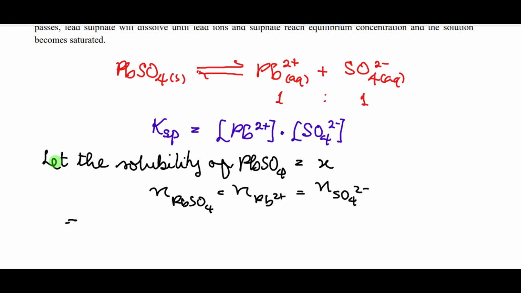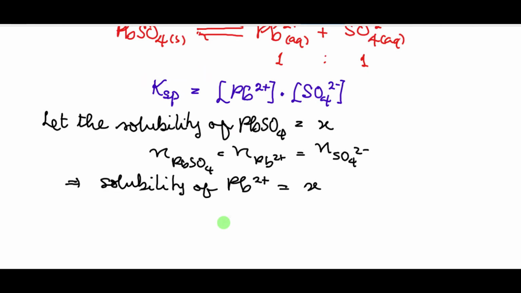This implies that the solubility of Pb2+ can also be taken to be what? X. If you apply this variable into this equation, you can say that the Ksp, that's solubility product of lead 2 sulfate, will be equal to what? X squared. That's X times X, right?